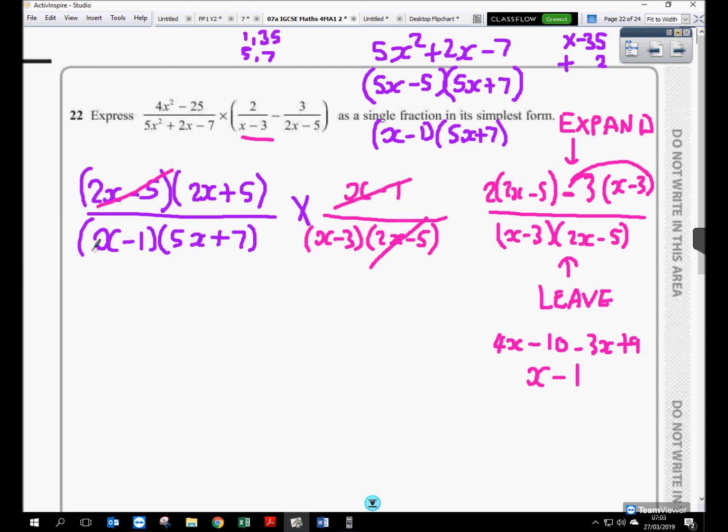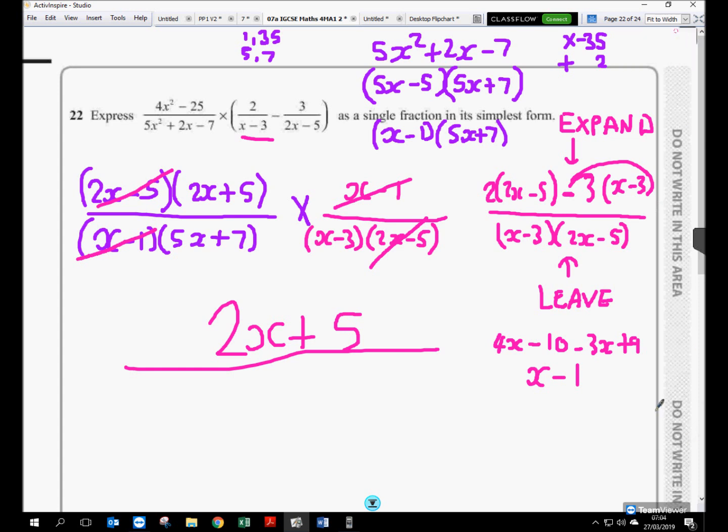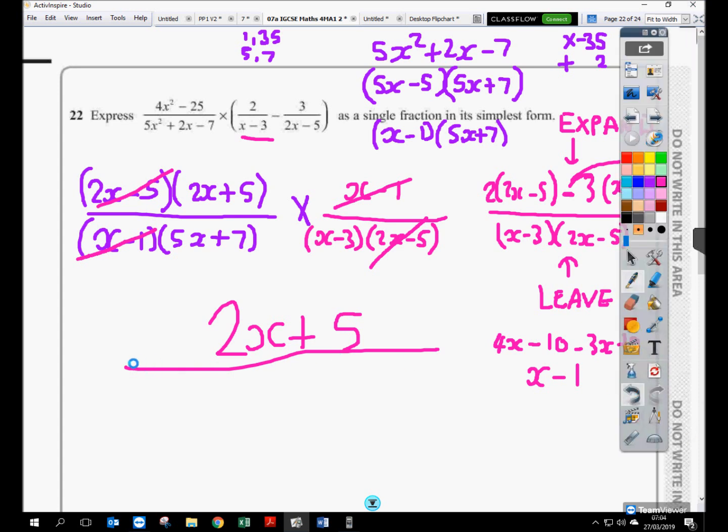We can cancel an x minus 1 with an x minus 1. Anything else to cancel? No. So what we're left with, 2x plus 5 numerator. And in the denominator we have 5x plus 7 and we have x minus 3.